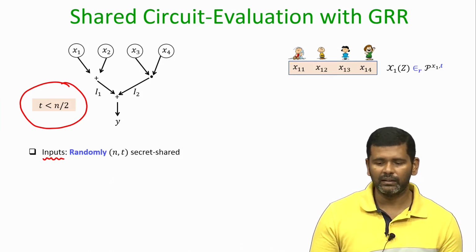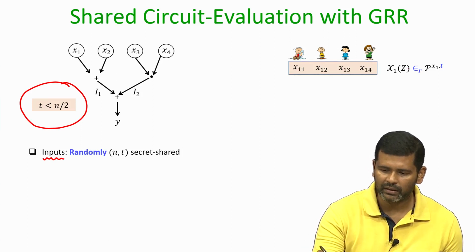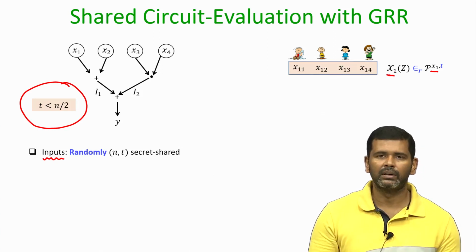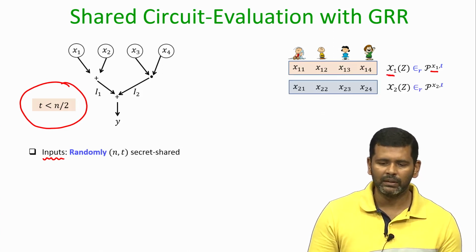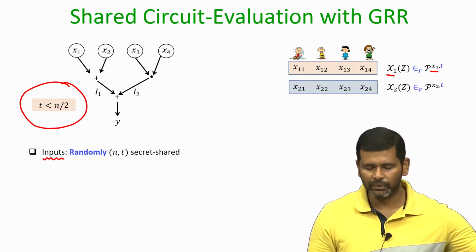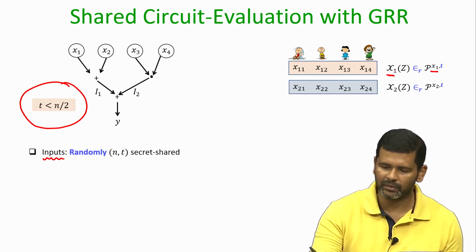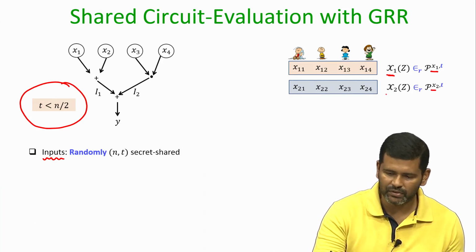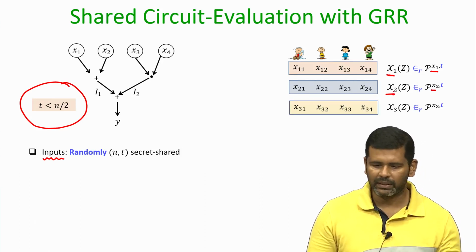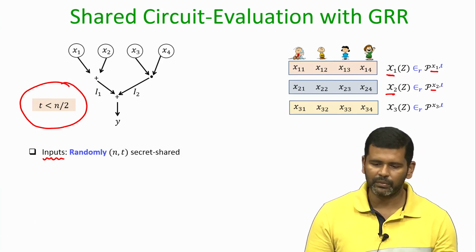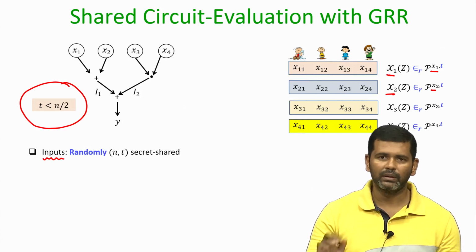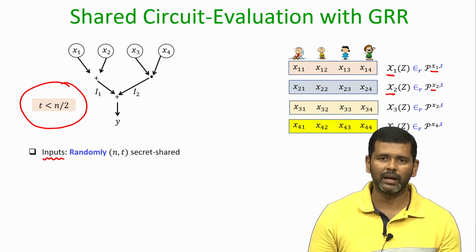P1 acts as the dealer and it secret shares the value x1 through a random t degree polynomial denoted by this fancy x1 polynomial. Similarly, P2 secret shares its input x2 through a random t degree polynomial, this fancy x2 polynomial. Similarly, P3 secret shares its input through a random t degree polynomial, and similarly P4, and all these 4 instances of secret sharing can happen in parallel.